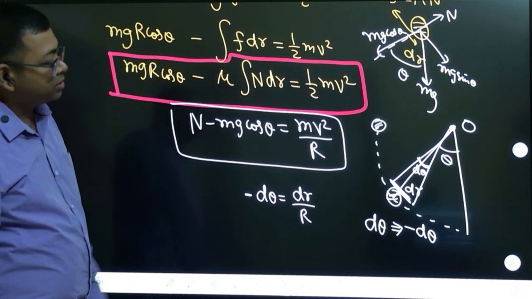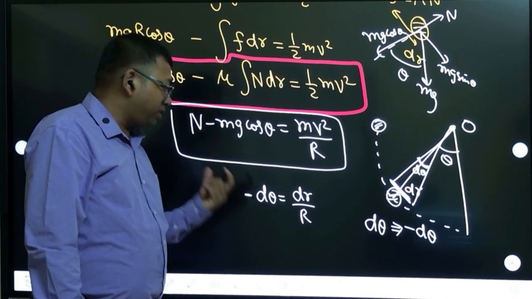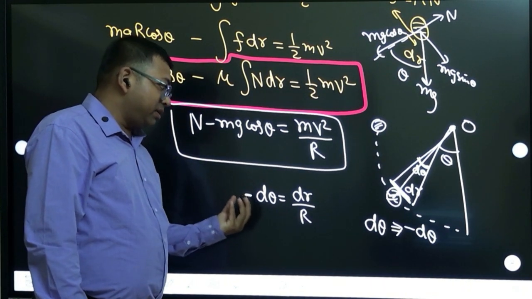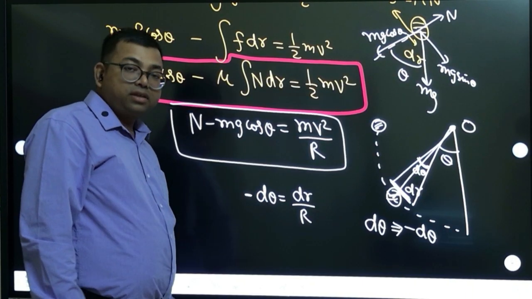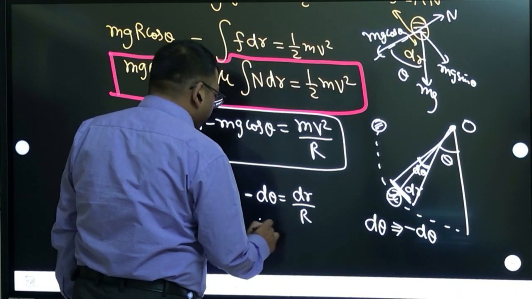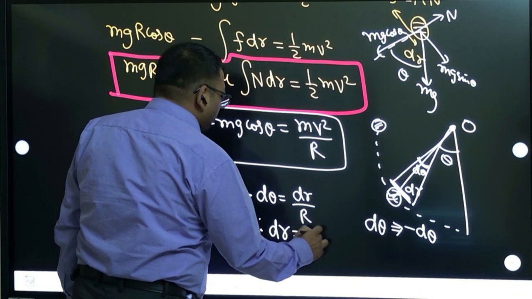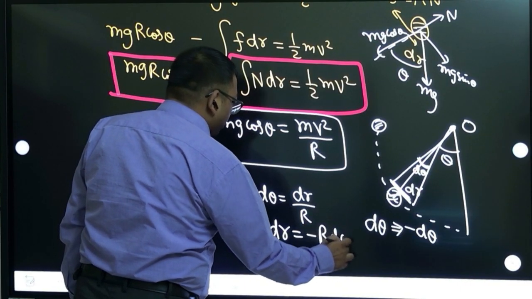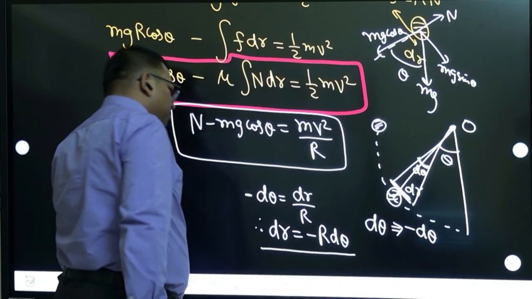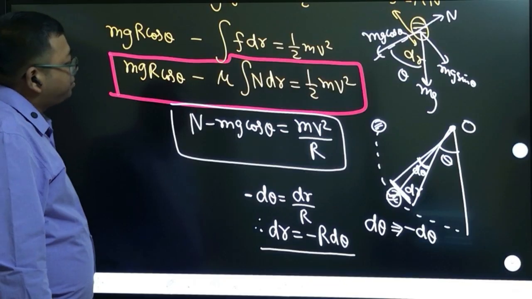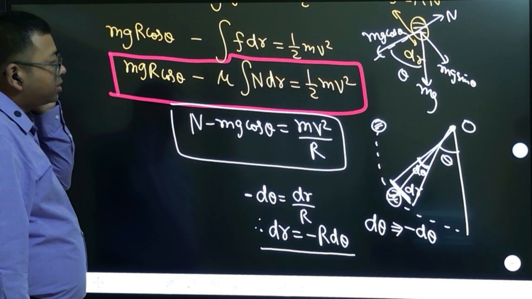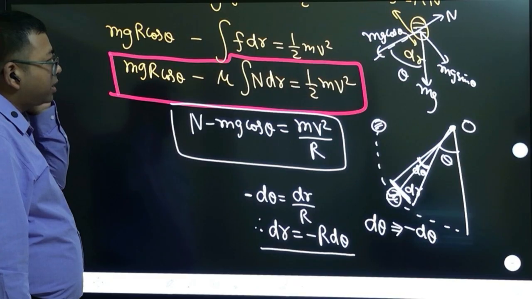This is one important thing. Whenever you are writing d theta is equal to dr by r, you have to write here minus. Okay, so that's why dr can be replaced with minus r d theta in the first equation, right? That's how you can try to do that.